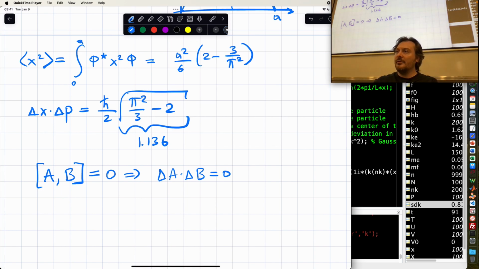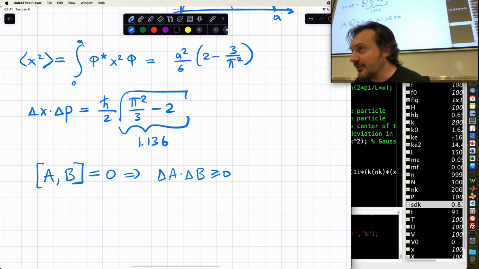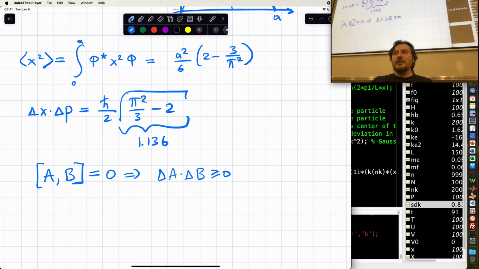Do you see that from the formula? Sorry, greater than or equal to 0, right? Which tells you that you can actually measure precisely one operator while not failing to measure the other one. So what are the good examples of this?